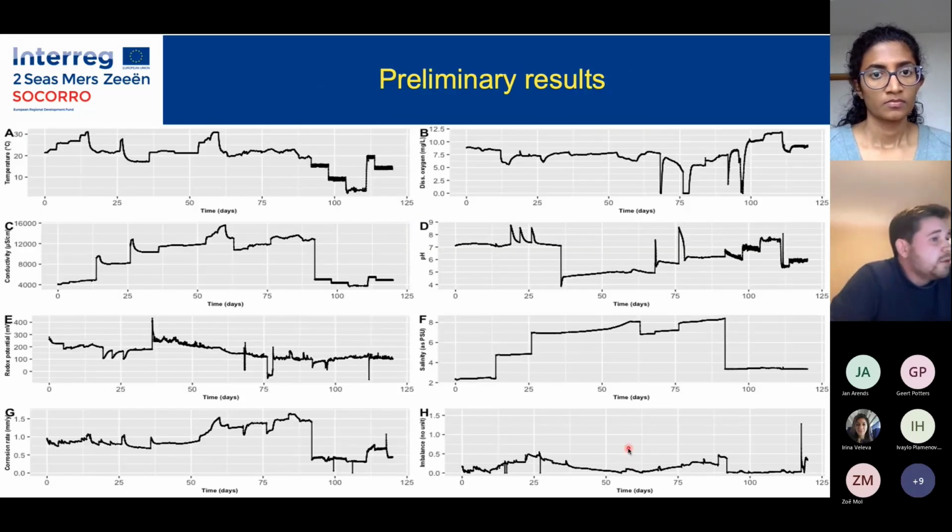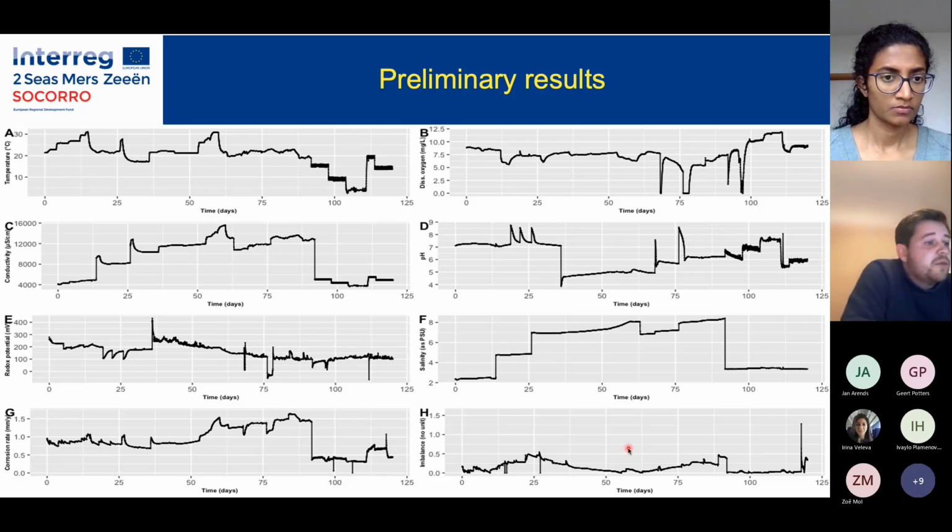Over here, I will quickly show you the time series, which is not that interesting when you look at it for over 120 days worth of data. But during the experiment, I used this extensively. On the left-hand side, from top to bottom and left to right, you can see the temperature, the dissolved oxygen, the conductivity, the pH, the redox potential.